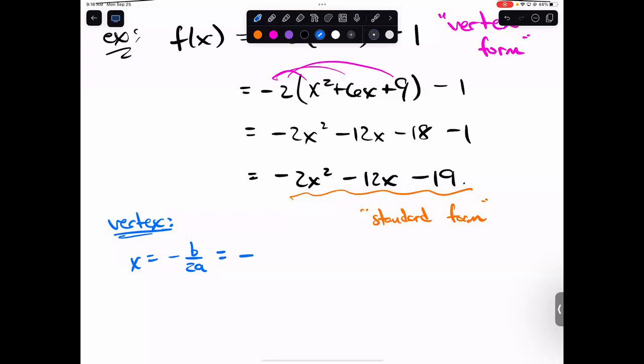What's b here? Negative 12. And a is negative 2. So the opposite of negative 12 divided by negative 4. So the opposite of 3, right? Negative 3 is the x coordinate for the vertex. Then to get the y, you just plug that back in.